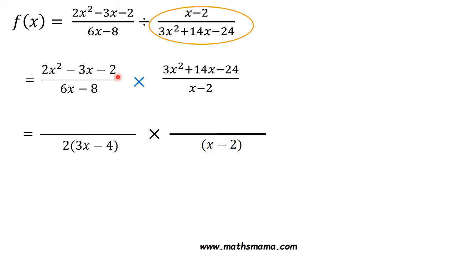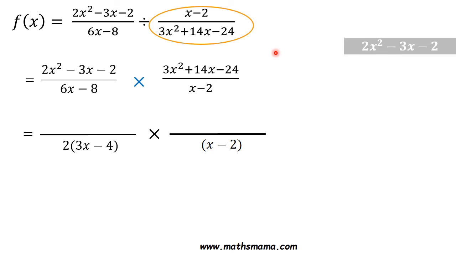it's not possible to guess the factors straight away, but I'll show you an easy way of doing this. Starting from this quadratic expression, we've got 2x squared minus 3x minus 2.